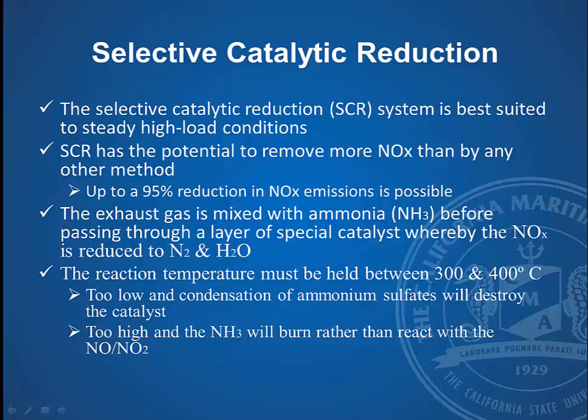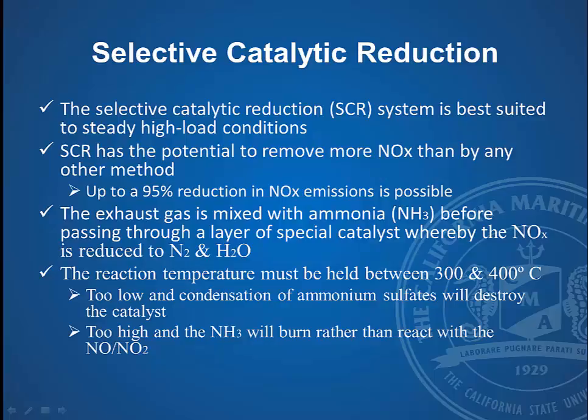So anyway, you're injecting ammonia into this system, and it has a catalyst where it reacts with your nitrogen oxides. The nitrogen oxide is typically NO2, NO3. The X basically signifies that it can be different, right?